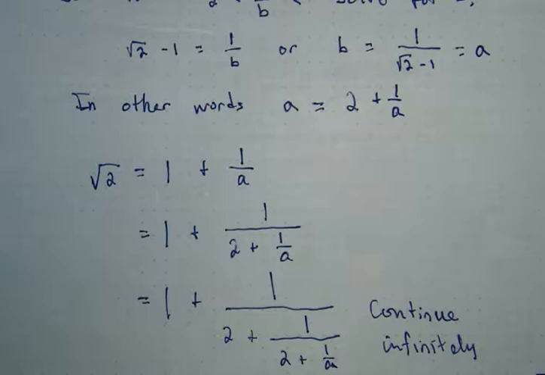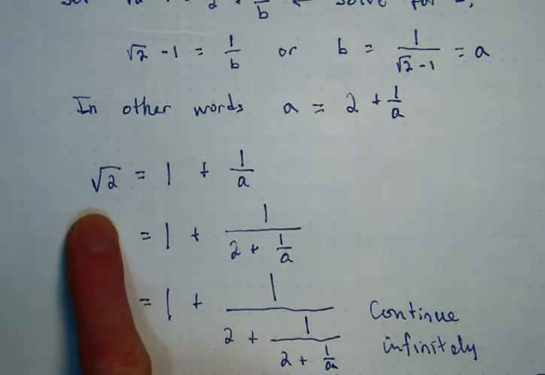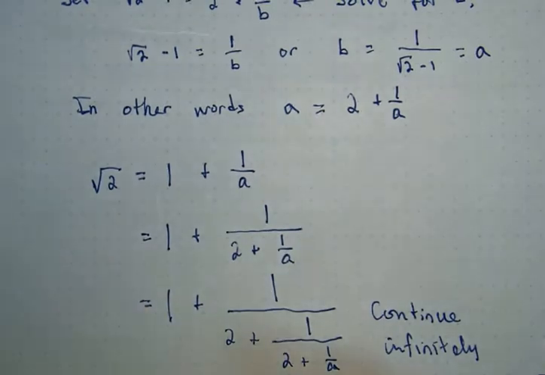Now, the useful thing there is that we could terminate this at any point and get a rational approximation of radical 2. And they would actually be alternating underestimate, overestimate, underestimate, overestimate, and the further out you go, the more accurate your approximation will be.